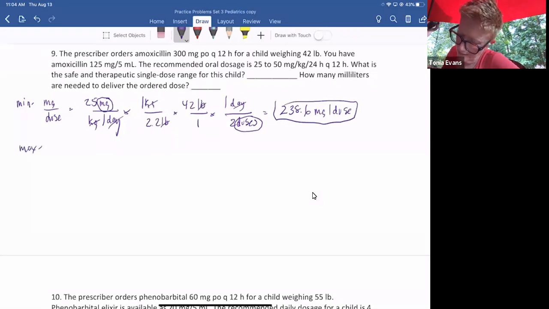Max is milligrams per dose, 50 milligram per kilogram per day. Nothing else changed here.